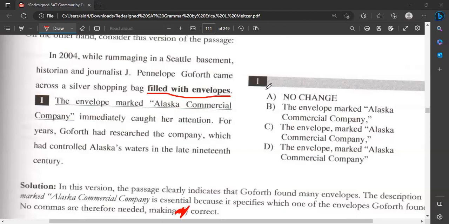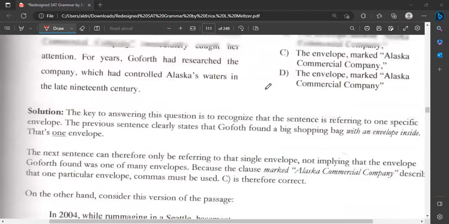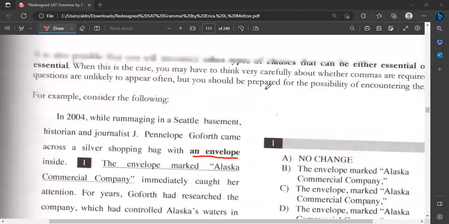So, using that same thought, I want you to look at this one again and then tell me what you think the answer is.